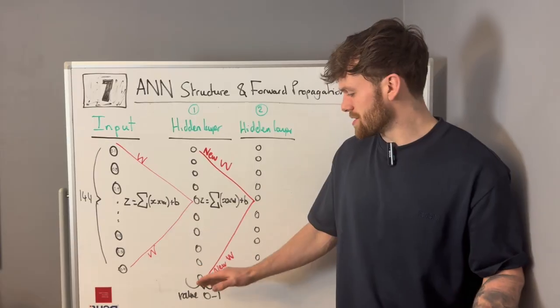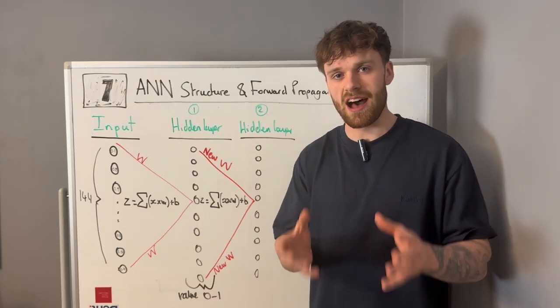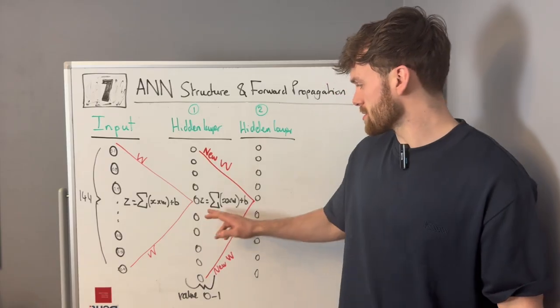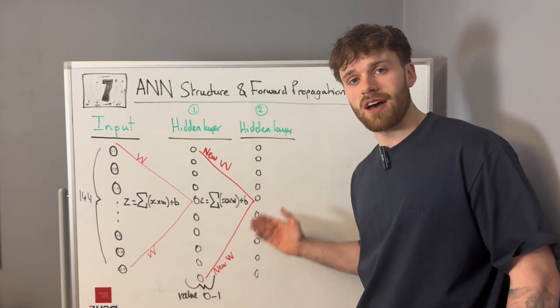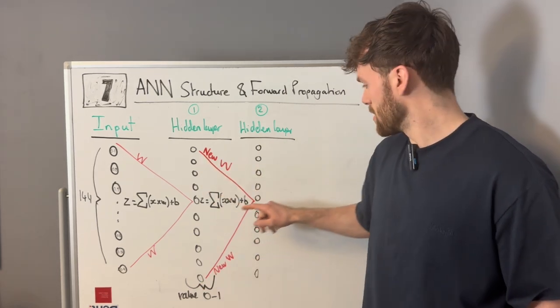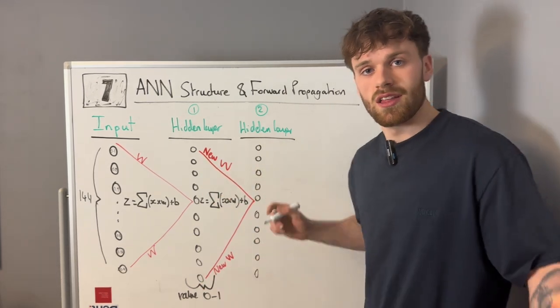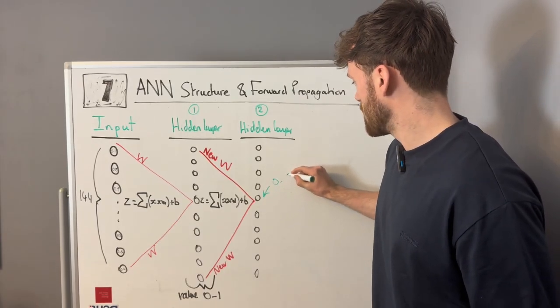Now, all of these new values that each of the 10 hidden layer 1 neurons have are used as inputs for the weighted sum calculation. All of these connections have new weights. If we were to do the weighted sum calculation for this neuron here, this neuron has its own bias, which could be anything.